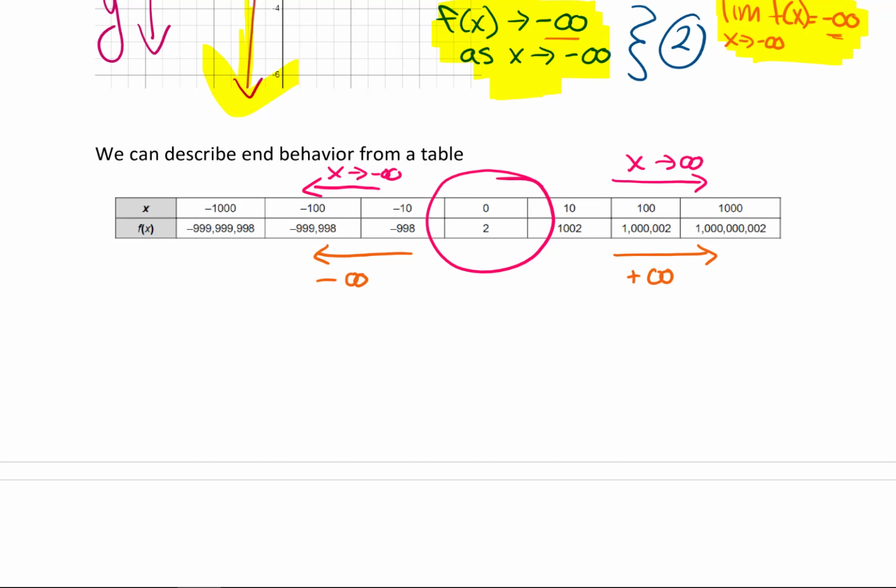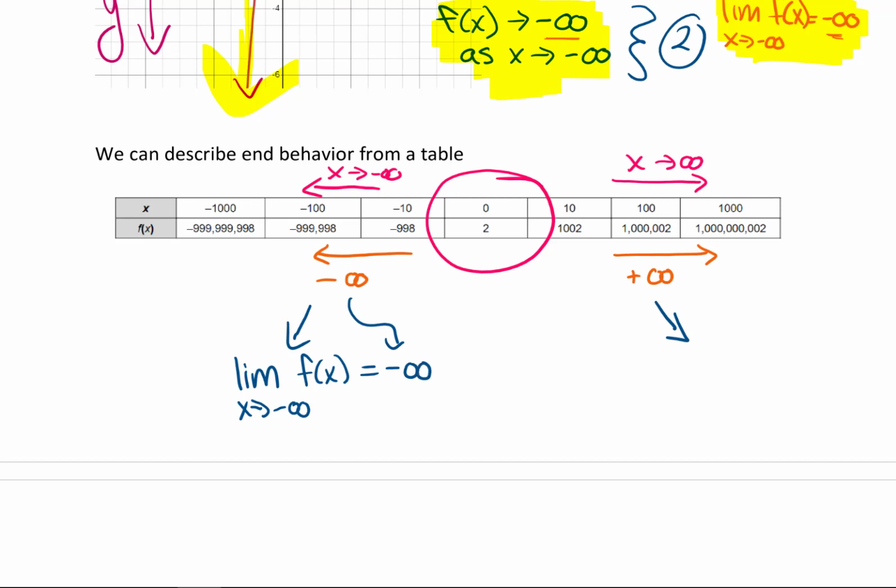So now we're going to write this as a limit. Remember, we have two, one for each side, the left-hand side and the right-hand side. So we write the limit as x approaches negative infinity of f of x is equal to negative infinity.